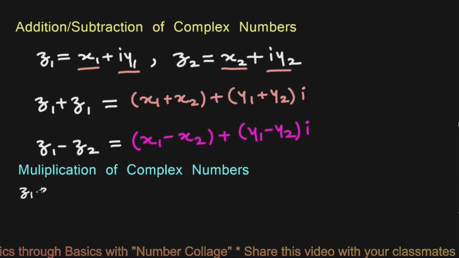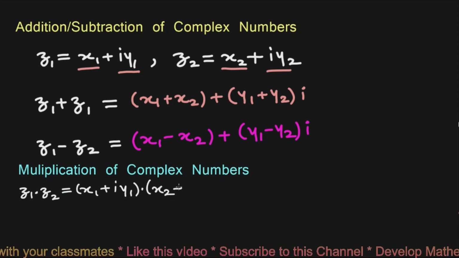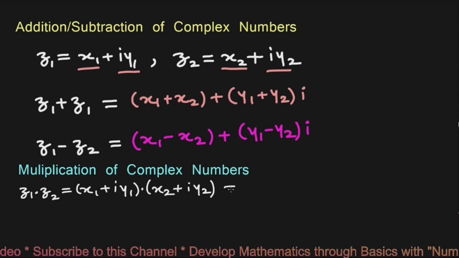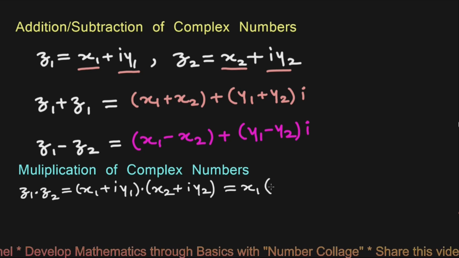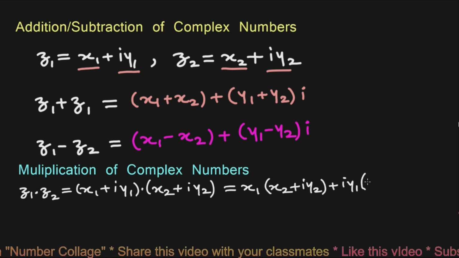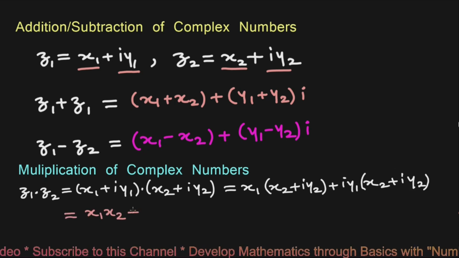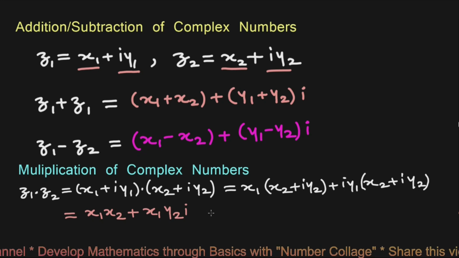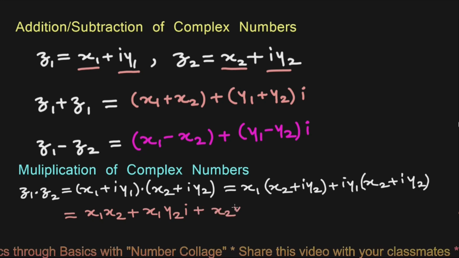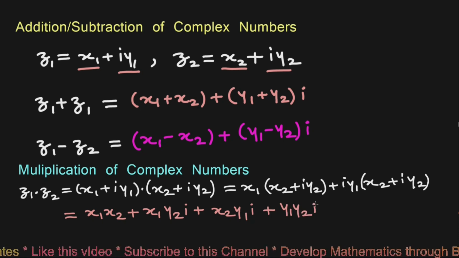Next, we will see how two complex numbers are multiplied. z1 into z2 will be (x1 plus iy1) into (x2 plus iy2). This will be x1 into the second bracket plus iy1 into the second bracket. This will be x1 into x2 plus x1 y2 into i plus x2 y1 into i plus y1 y2 into i square.